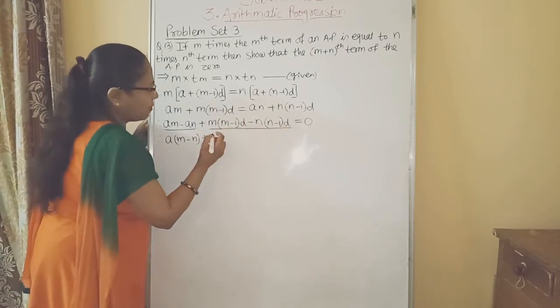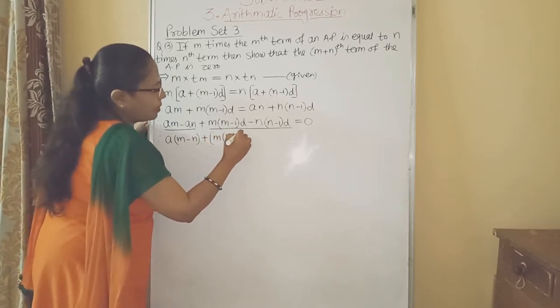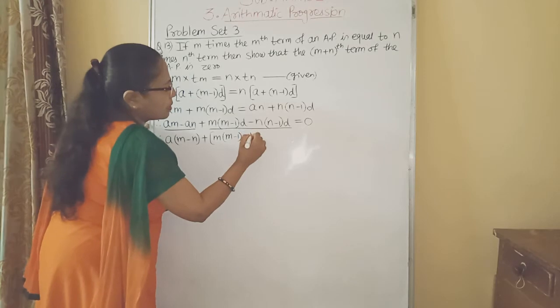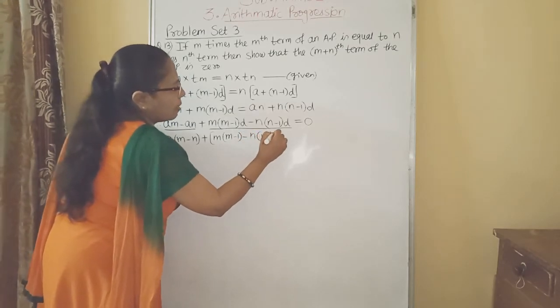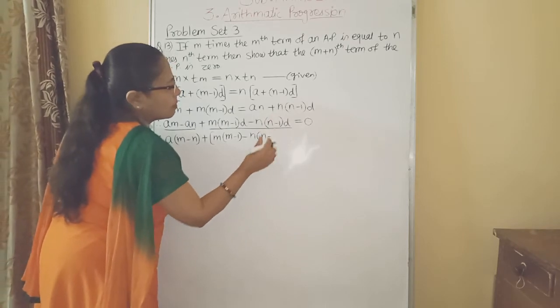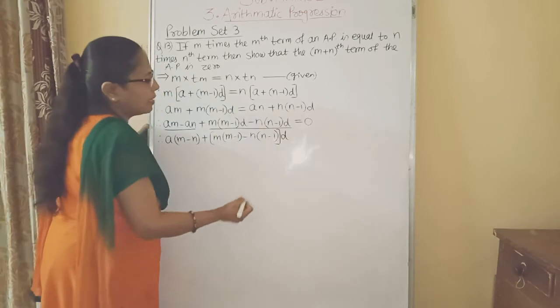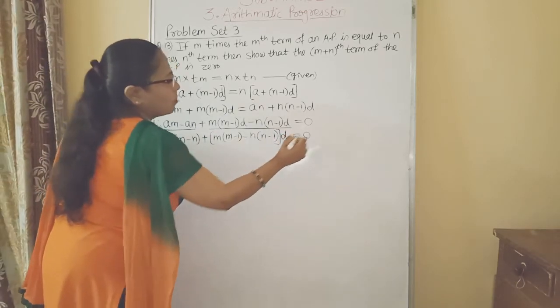So these two terms we will write in a bracket: m into bracket m minus 1, minus n into bracket n minus 1. Close the bracket, and the common factor is d, equal to 0.